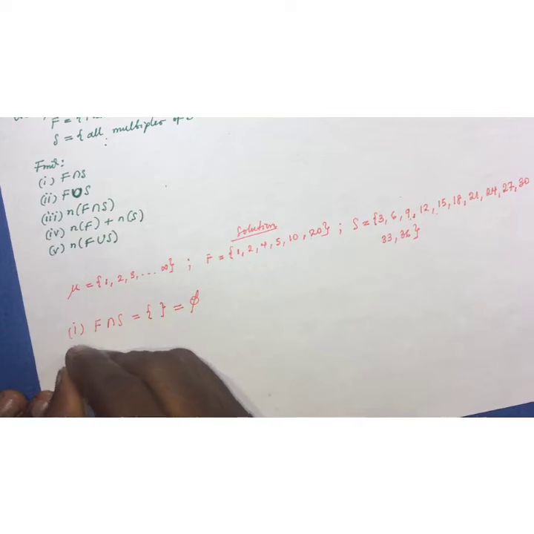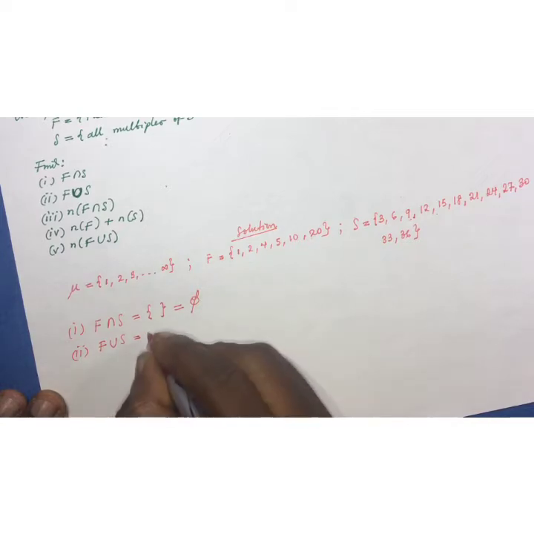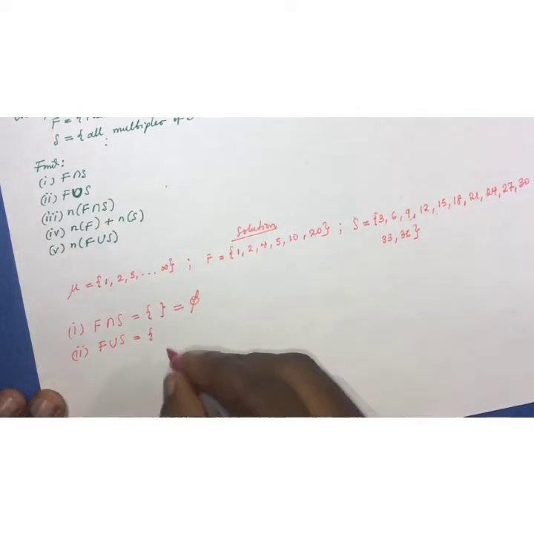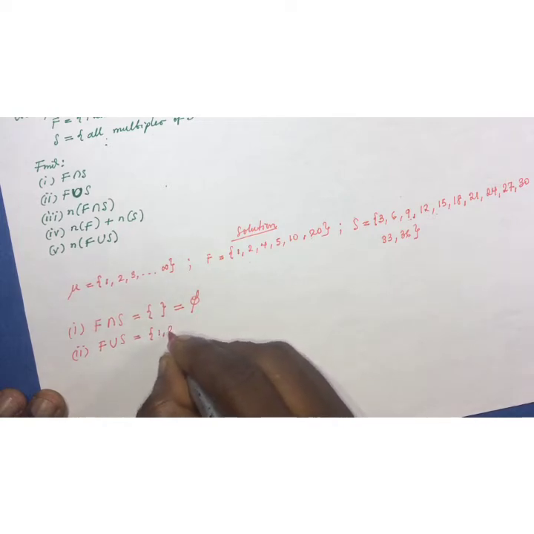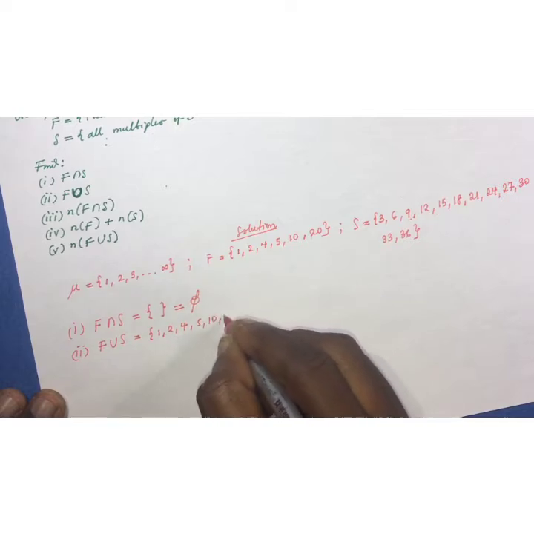Now number 2, we are asked to find F union S. So F union S will be the combination of both sets. Since there is no intersection, we will just write all of them together.